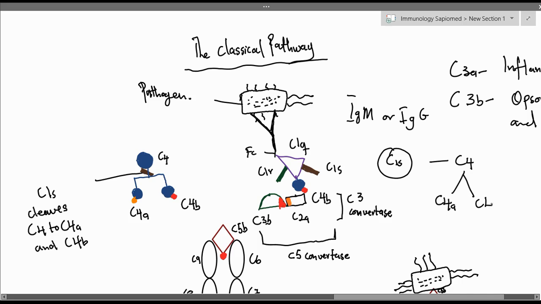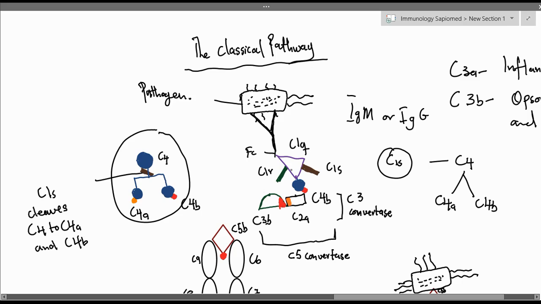So you can see from this particular place that C4 has been converted to what? C4A and C4B by the C1s. So the C1s cleaves C4 into what? C4A and then C4B.